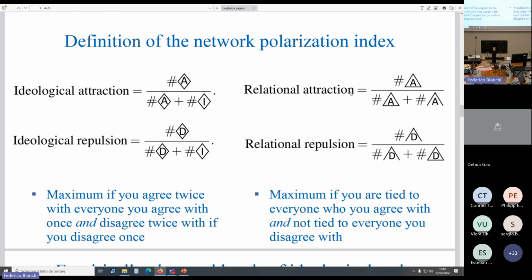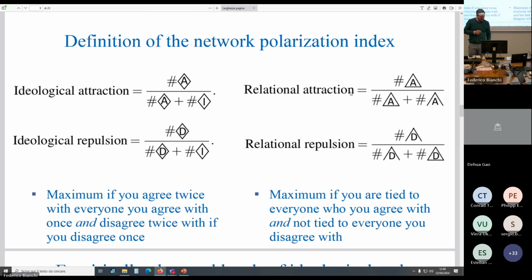The first dimension is maximum if two people agree twice with everyone they agree with once, and also disagree twice with someone if they disagree once, in terms of two people and two policy items. And the relational part is all about these friendship ties. So it's maximal if you are tied to everyone you agree with, and if you're not tied to everyone you disagree with.